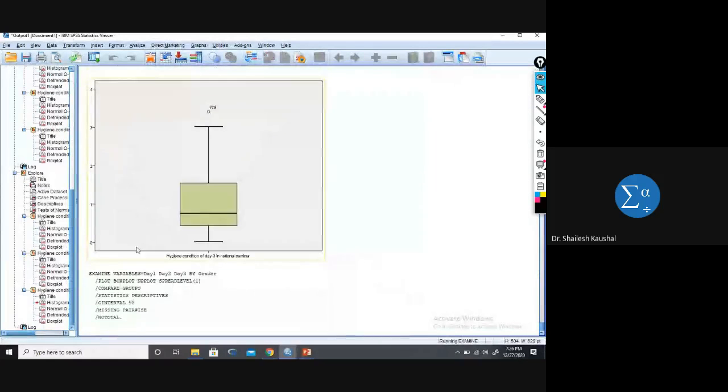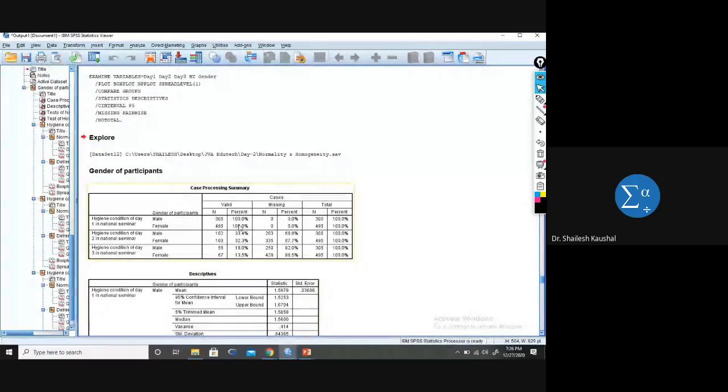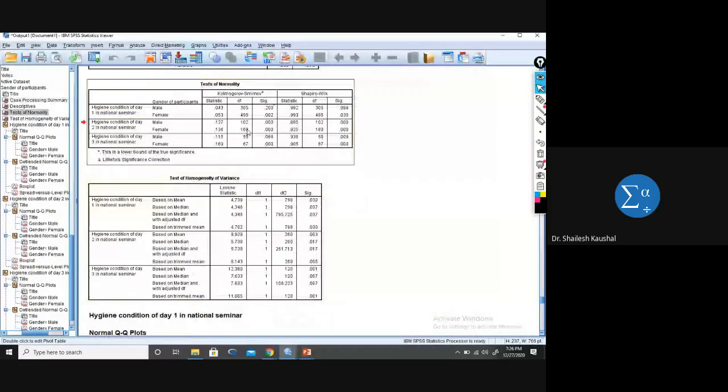And what is the value? This is the value. Now where is the value? Yes, this one is the value. So here we can see the normality for Day 1 for male participants. Here there are two normality results, one for male participants and another for female participants.